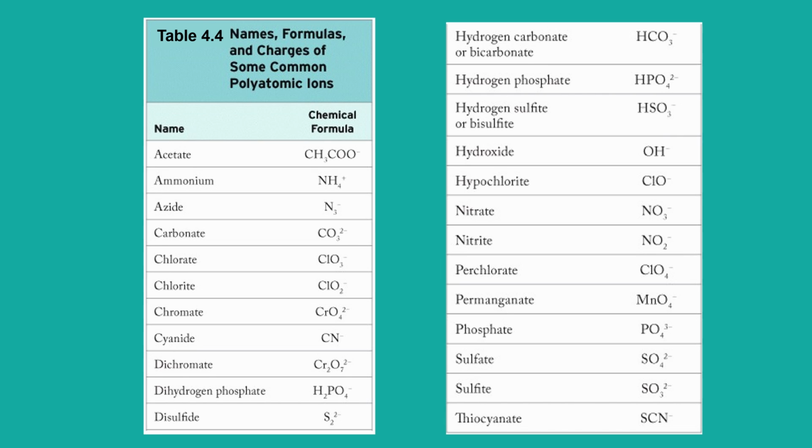For example, oxalate, the Lewis structure kind of looks like an X, which helped me remember it because it's the only ion where the X is super prevalent, so that helped me memorize that one. So I definitely recommend using flashcards to help remember these. But yeah, best of luck in remembering these.